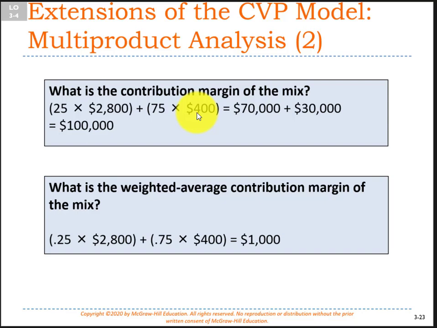We calculated that it is $400 for rafting trips. We know that 25% of our trips are excursions and 75% are rafting. So we multiply 25% times 2,800 and add that to 75% times 400. Okay?